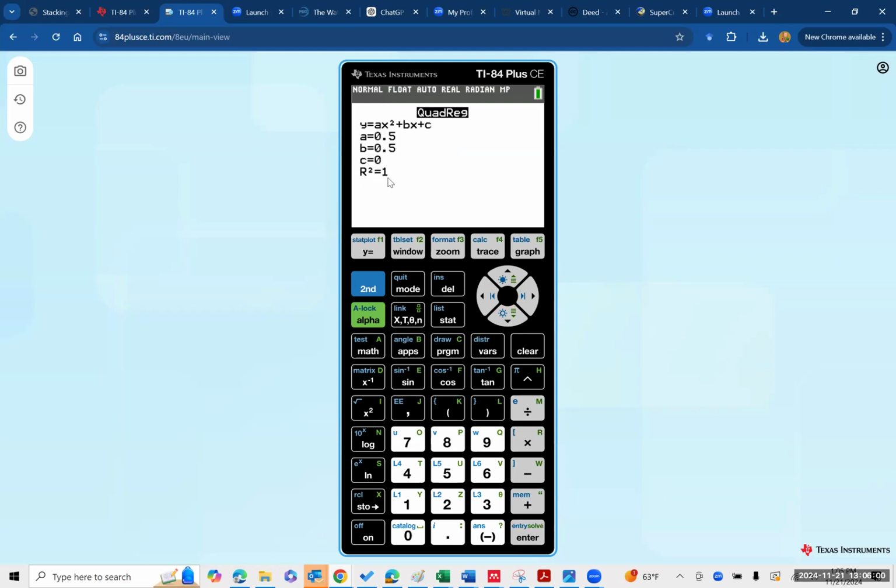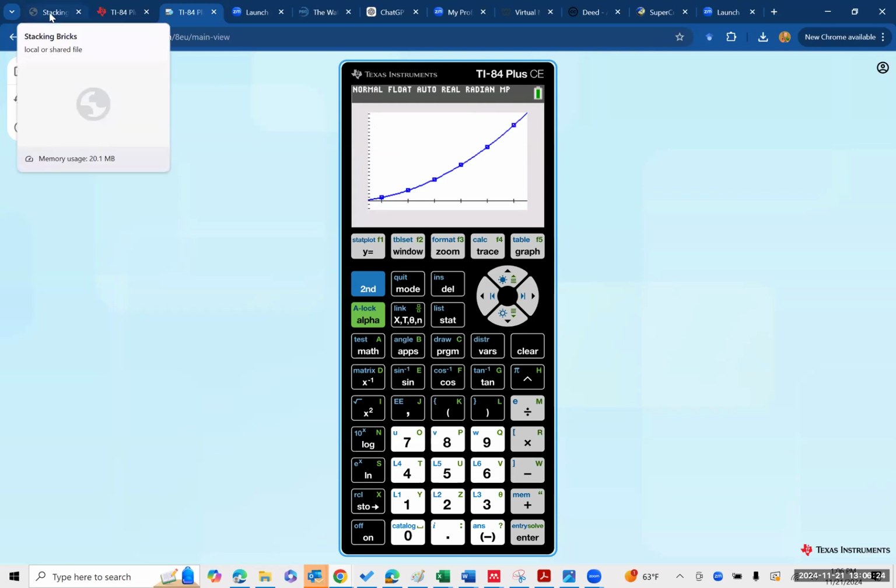So the R squared is 1. The closer to 1, the more precision there is in the match between the equation and the points. You can see how closely it matches there. So that's the first part.